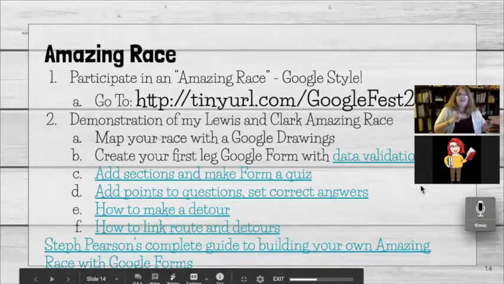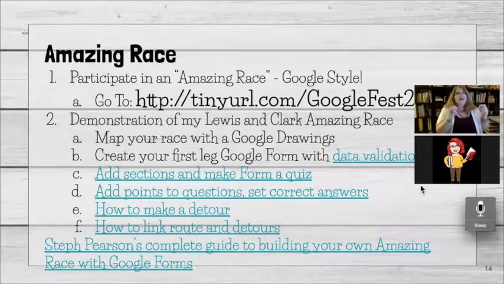The idea here with Google Forms is that you're going to create not just one form, but a series of forms, and each form is your route for that leg of the race. Then you'll also have other forms that are your detour forms.